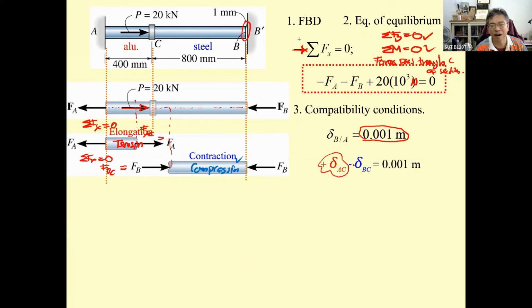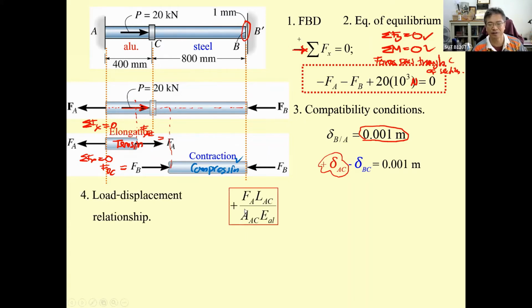For the contraction, the deformation is negative. And then you just plug in the load-displacement relationship. F sub A is over here, and this one is L sub AC, and then A sub AC, which you have from previously, and aluminum, and negative F sub B.